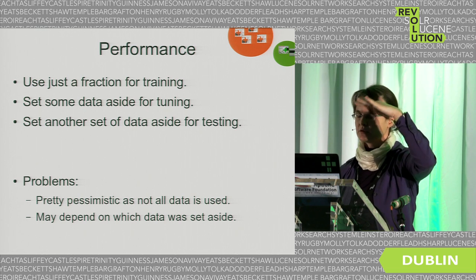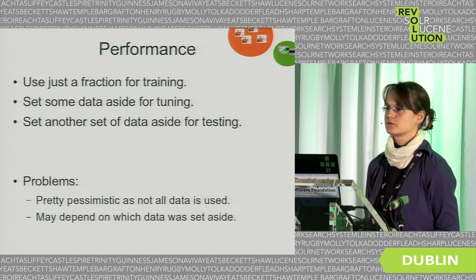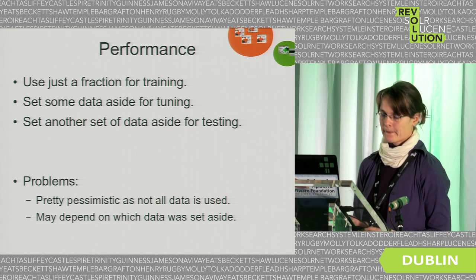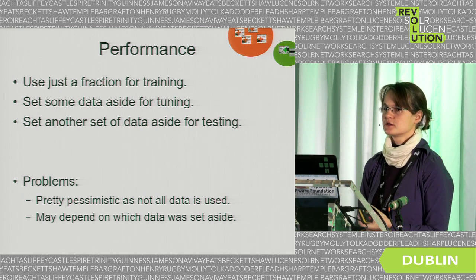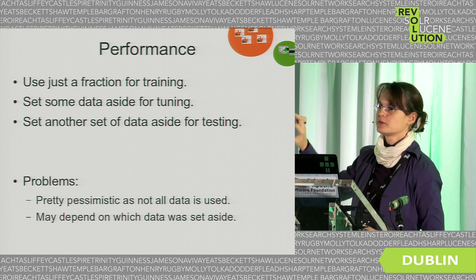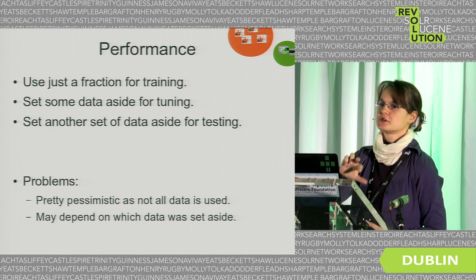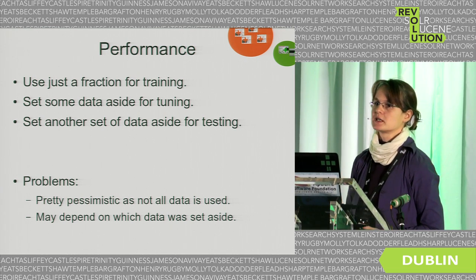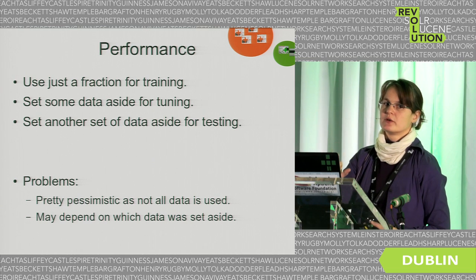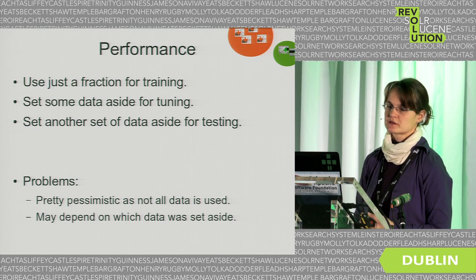If we don't do the cross-validation, it will again depend on which data set was set aside. However, this kind of setup is the only way you can reliably predict how your model will be if you do parameter tuning in between, which I highly recommend, because the final performance definitely depends on the knowledge that you put into features.